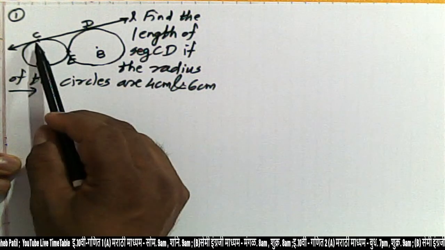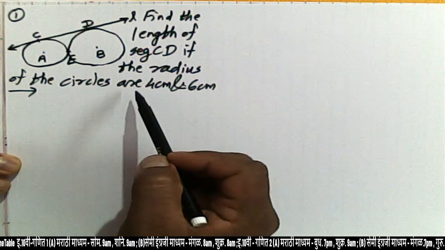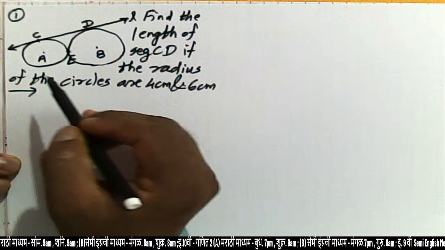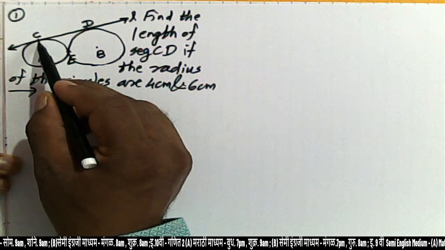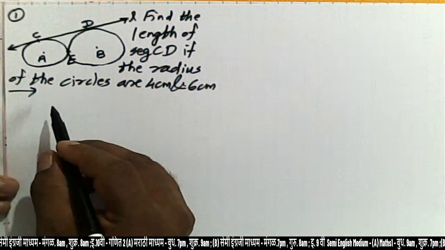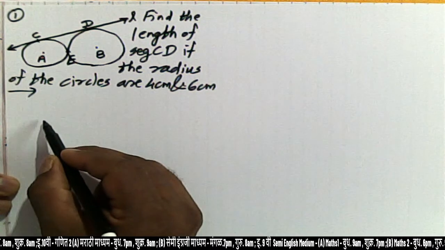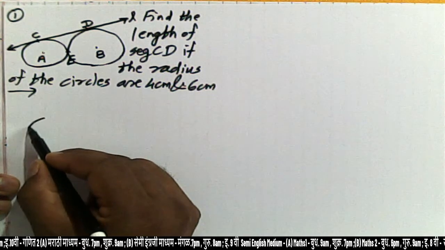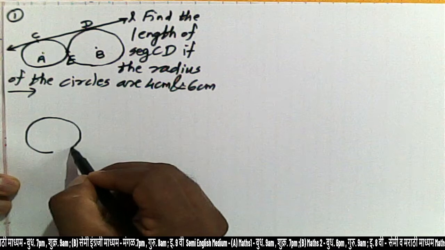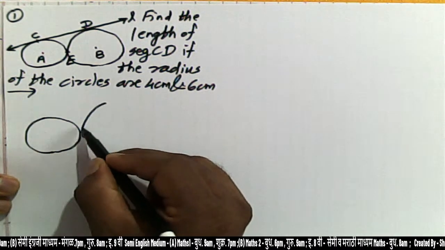The question asked is to find the length of CD. The small circle's radius is 4 centimeter. Here we join the segments. Therefore, construction is important, and the figure in the answer is also essential.